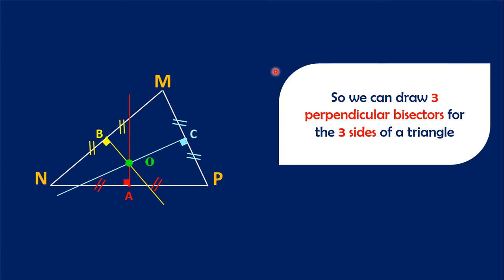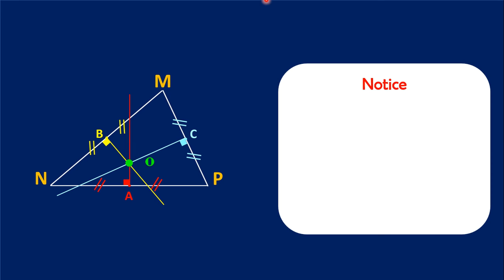So how many perpendicular bisectors can we draw in one triangle? We have noticed that we can draw three perpendicular bisectors for the three sides of a triangle. Notice O is on the perpendicular bisector of NP, on the red line. So ON equals OP.